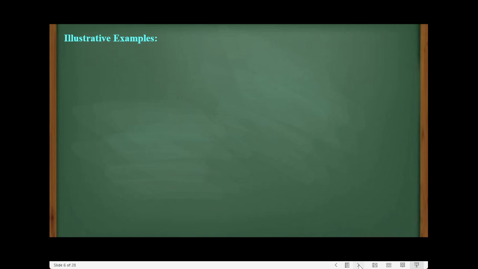Okay, so at this point, let us now try to apply what we have just learned about the midline theorem to this set of examples. Number 1, suppose we have points M and N, and they are the midpoints of the sides of triangle ABC.